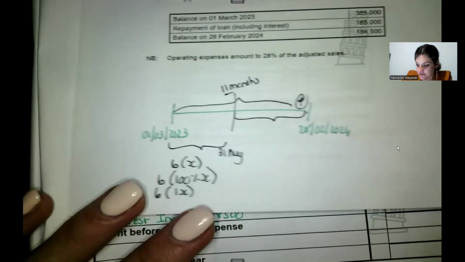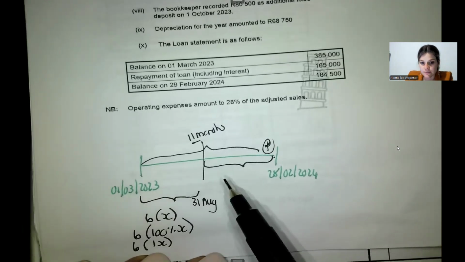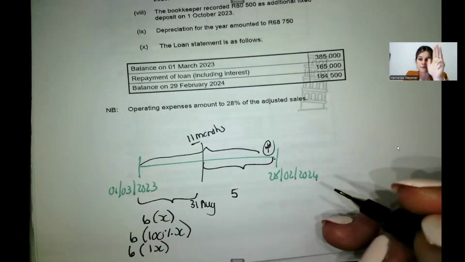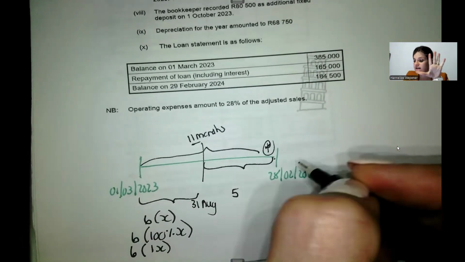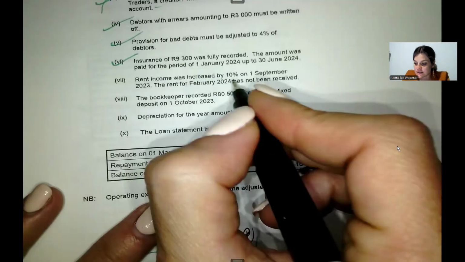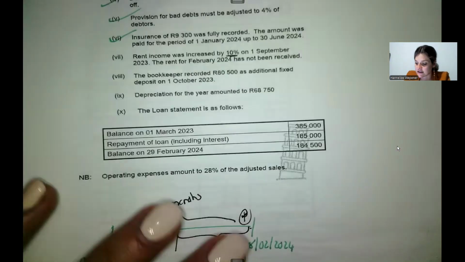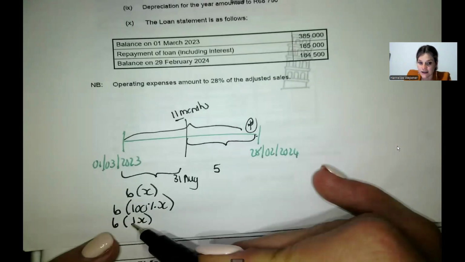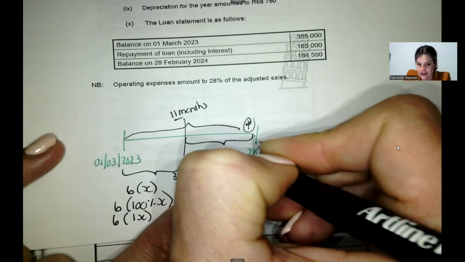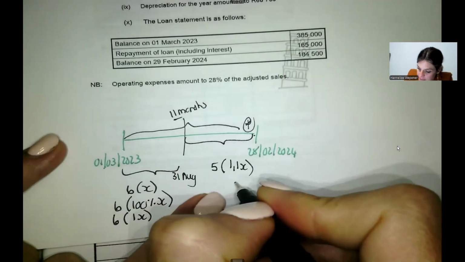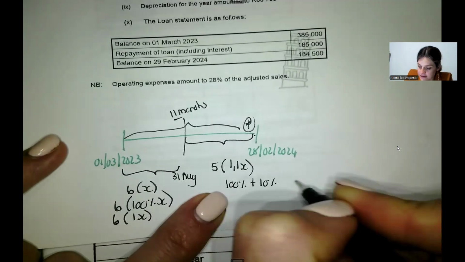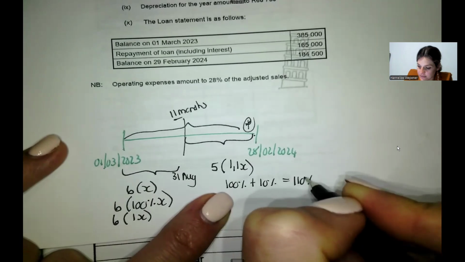But now you're saying that for the remaining period, so the remaining 5 months, because September, October, November, December, Jan, only up until Jan, haven't yet received Feb. So for the remaining 5 months, we received the 10% increase. So we didn't receive 1X, we received 1,1 times X. Why am I saying that? Because I'm saying it's 100% plus 10% is equal to 110%.